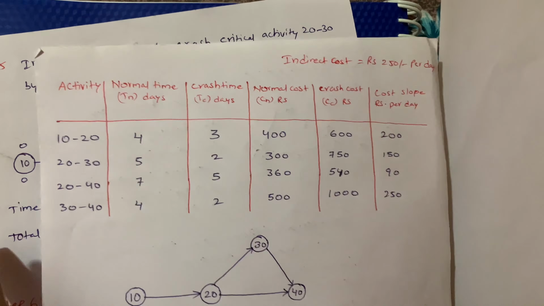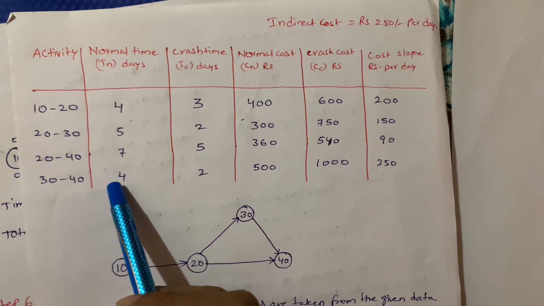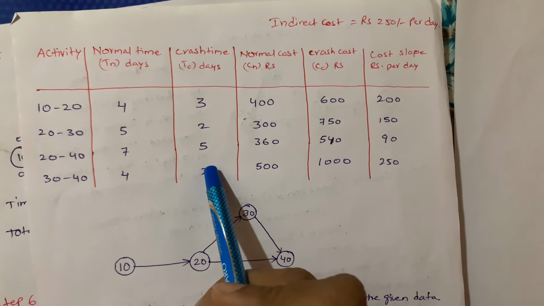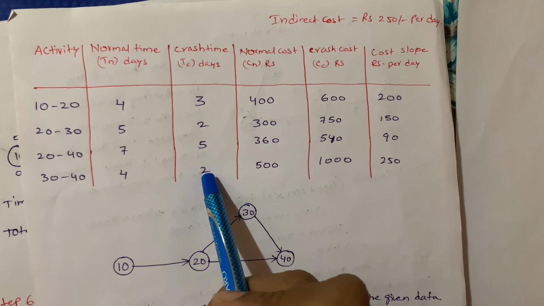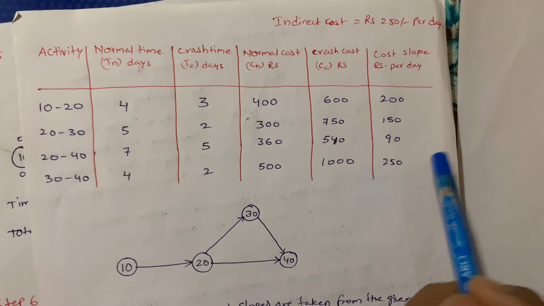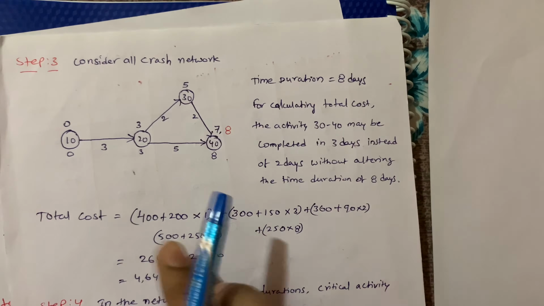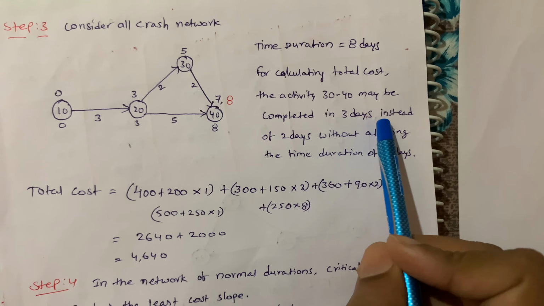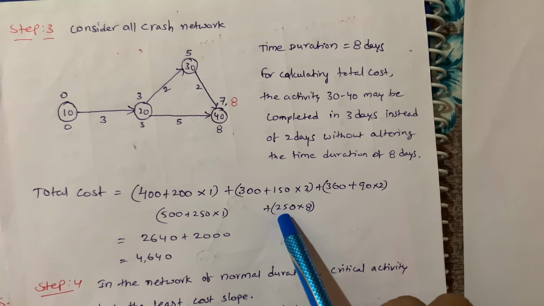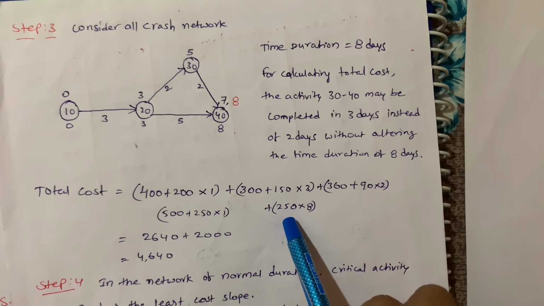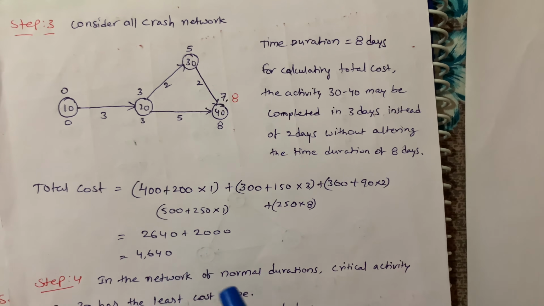Because 4 minus 2 is 2, but I wrote 1. Why? Because here we altered, instead of 2 days we altered 3 days. That's why 4 minus 3 is 1. So 500 plus 250 into 1. Okay, plus indirect cost: total 8 days we got. So 250 per day, 250 into 8. So I got this value.